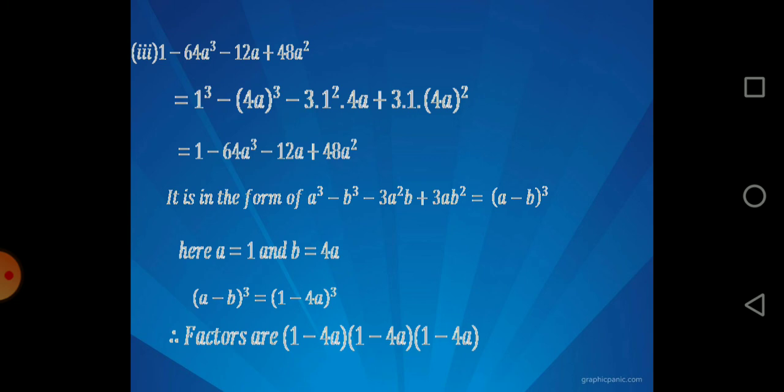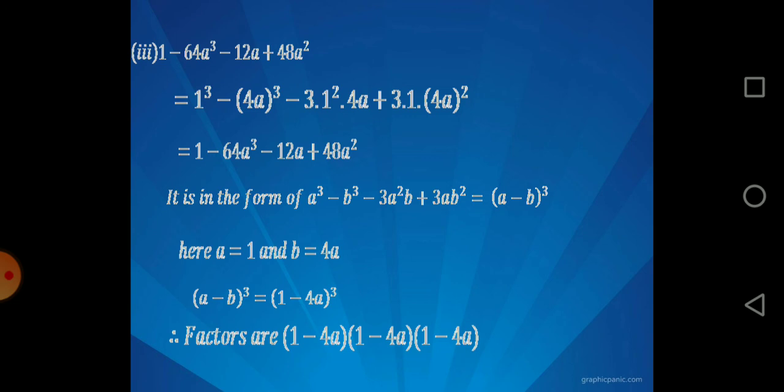And then plus 3ab square means 3 into 1 into 4a square. 4a square is 16a square, and 16 threes are 48a square. Yes, 48a square is also there in the question.